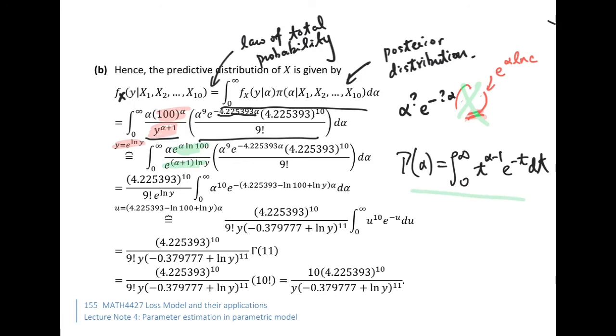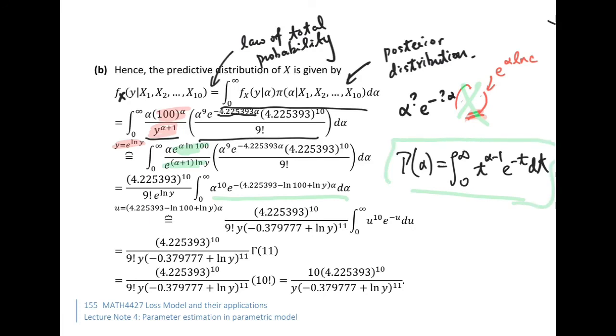After you do this change, take out everything irrelevant of alpha. You take out all this, and this is the term that you need to entertain, which is equal to alpha to the power something and the exponential minus something. Then this integral you can evaluate by using the gamma function.